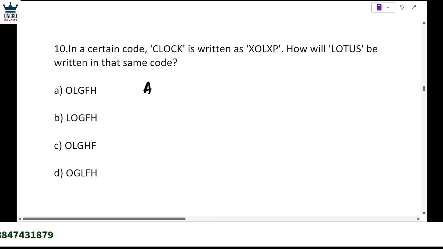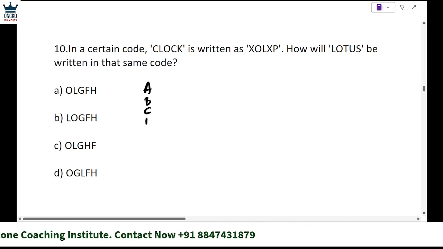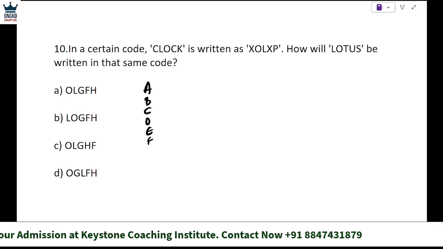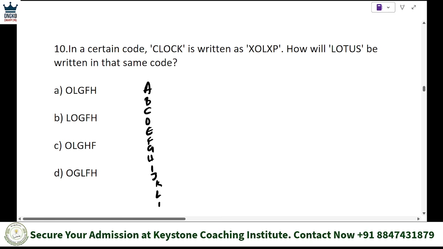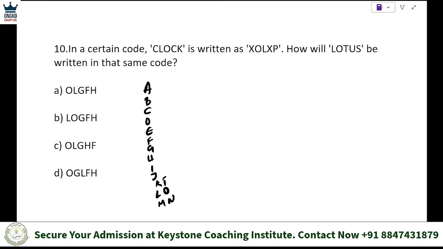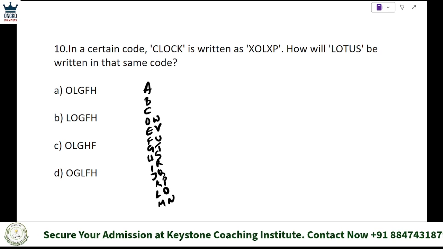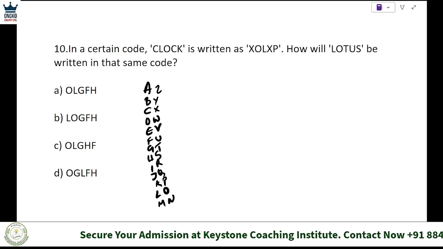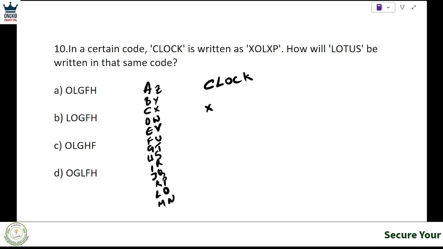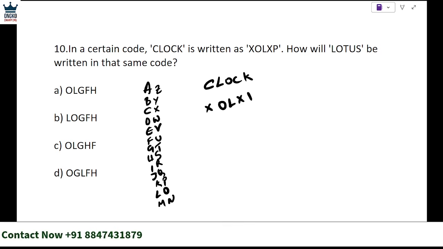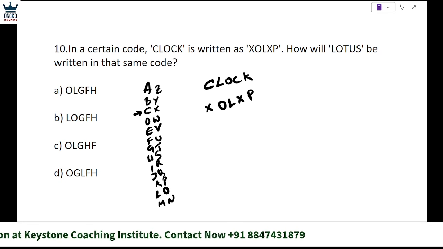The alphabet has 26 letters. So A, B, C, D, E, F, G, H, I, J, K, L, M in the first 13, then N, O, P, Q, R, S, T, U, V, W, X, Y, and Z. So clock, CLOCK, is written as XOLXP. C is opposite to X, L and O are opposite, and K and P are opposite. We'll check: where is K? K is here, P is here, they are opposite.